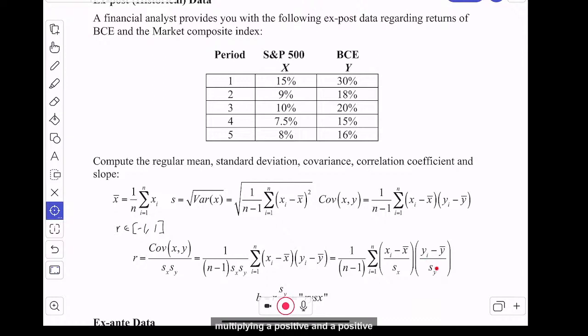Multiplying a positive and a positive gives you a positive r if that happens repeatedly. When x is above its mean, y is below its mean, so they behave differently, and you would have a negative, because you'd have a positive times a negative, contributing negatives to the r. So that's the variation of the formula that we focus on, really.